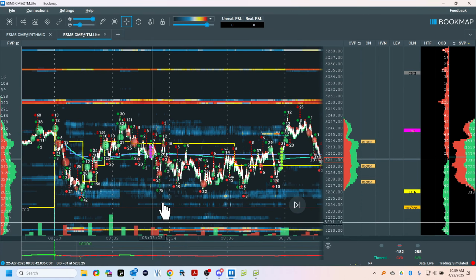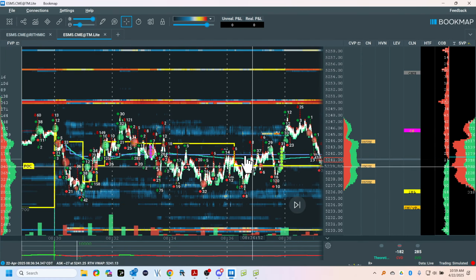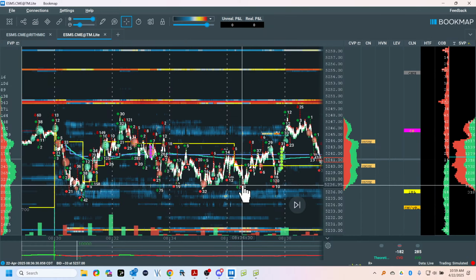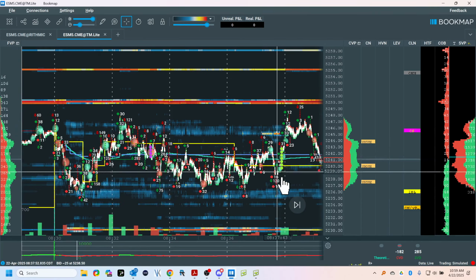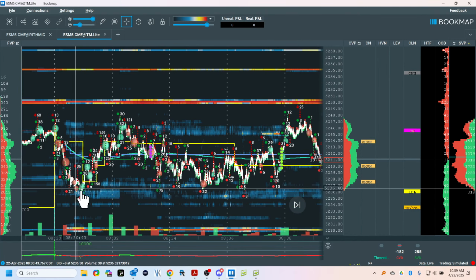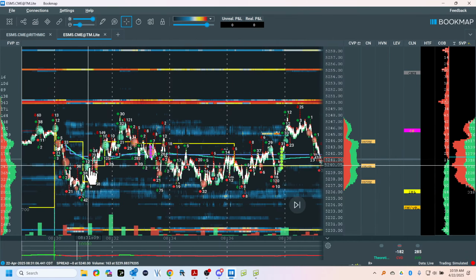So here, it looks like we didn't do it. This comes down. That says too high. Right in here, when you get the break back above, we test, and the buyers are here. Why is this important? The sellers got absorbed here, and you got your buyers.